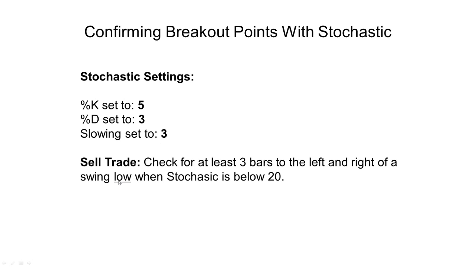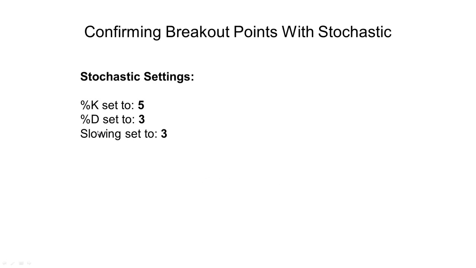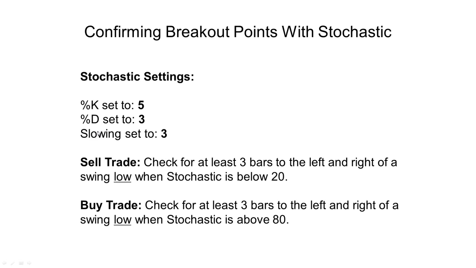The reason we're doing that is because we want to know that there was some significant movement in the market at that point. By seeing that the stochastic is below 20, you'll see that it helps filter out those false breakouts where there wasn't really a very significant swing point.